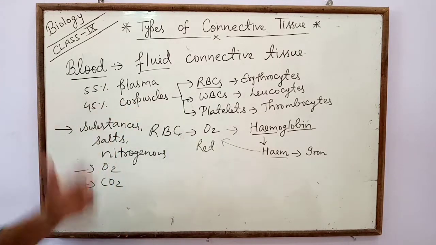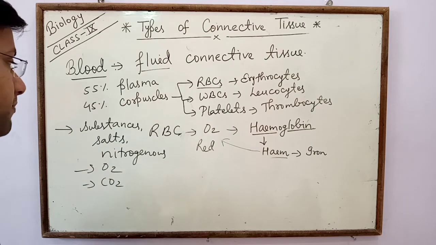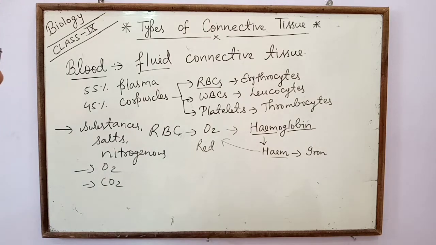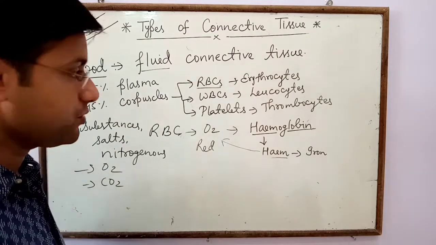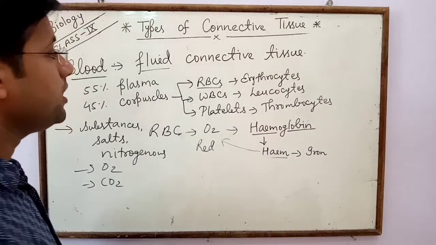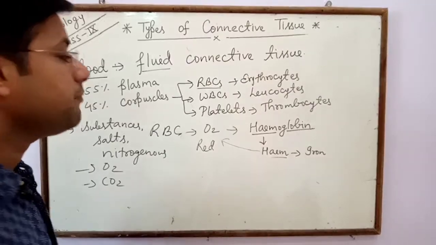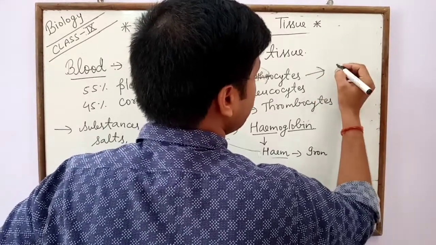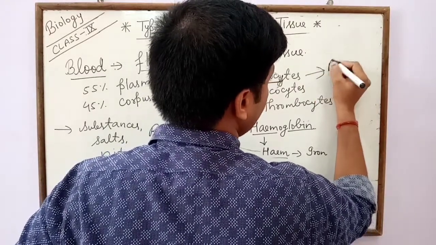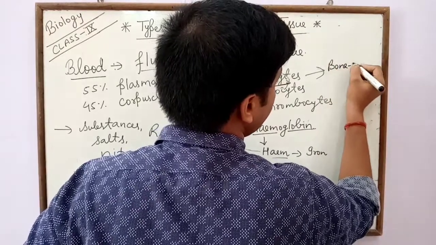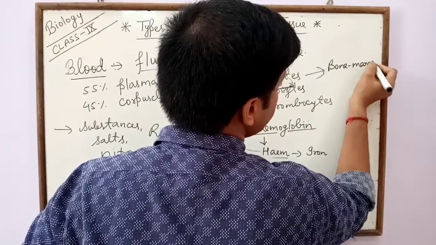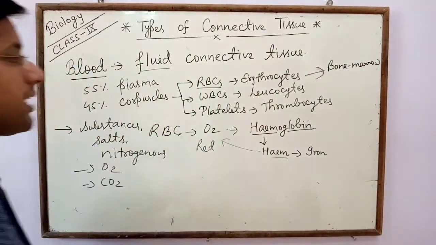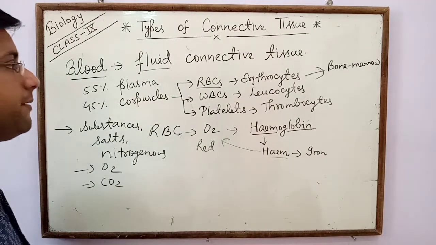So in blood, 55% is plasma while 45% is corpuscles, and there are three types of corpuscles: RBC, WBC and platelets. RBC and WBC are produced by bone marrow, meaning bone marrow is responsible for the production of RBC and WBC.